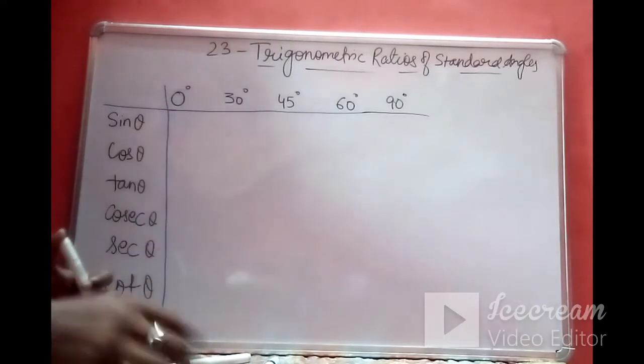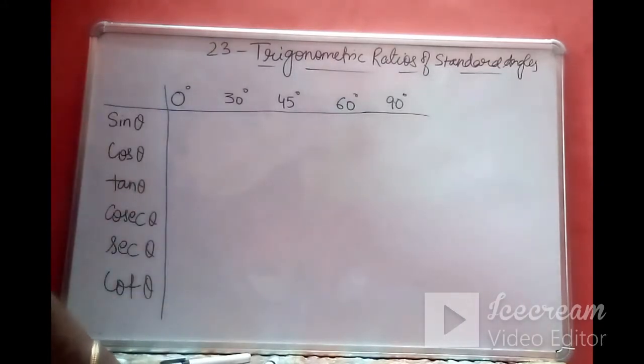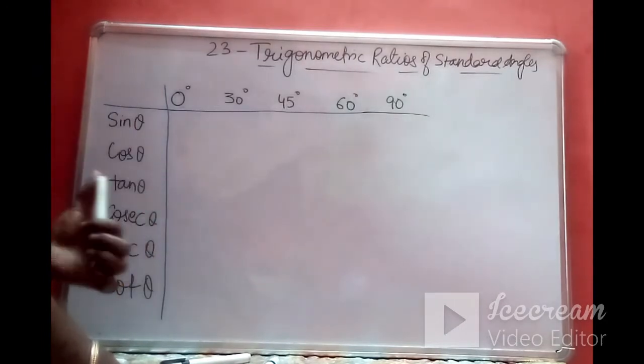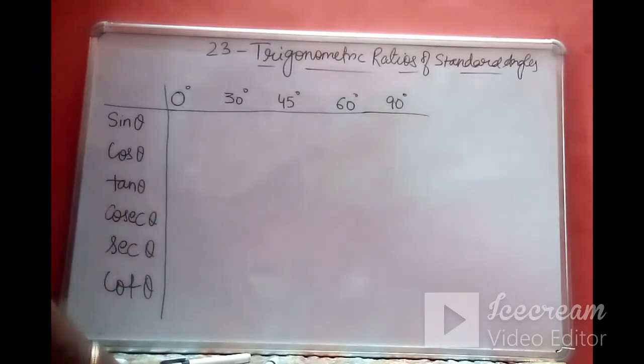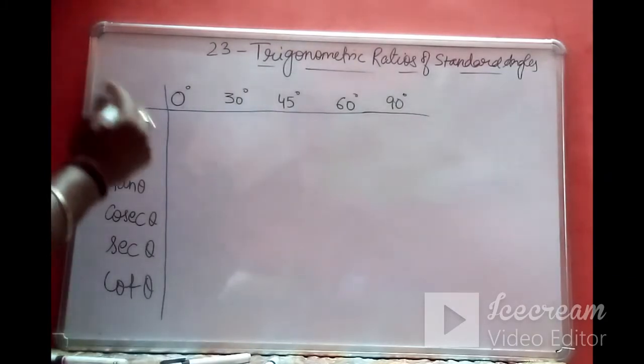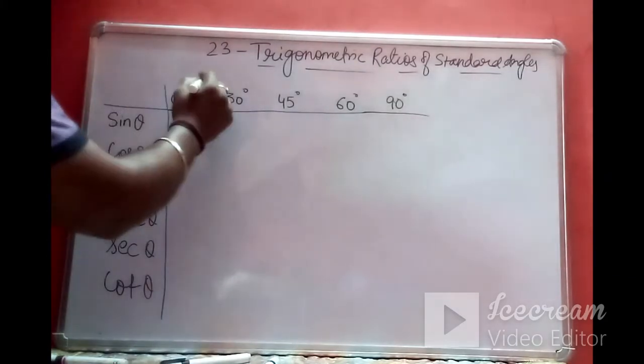Rest other angles which lie between these angles, like if you want to calculate 15 degree or 12 degree or say 48 degree, then we cannot calculate the value of those angles using the geometrical methods. Only for these angles we got the geometrical method by which we can calculate the values.